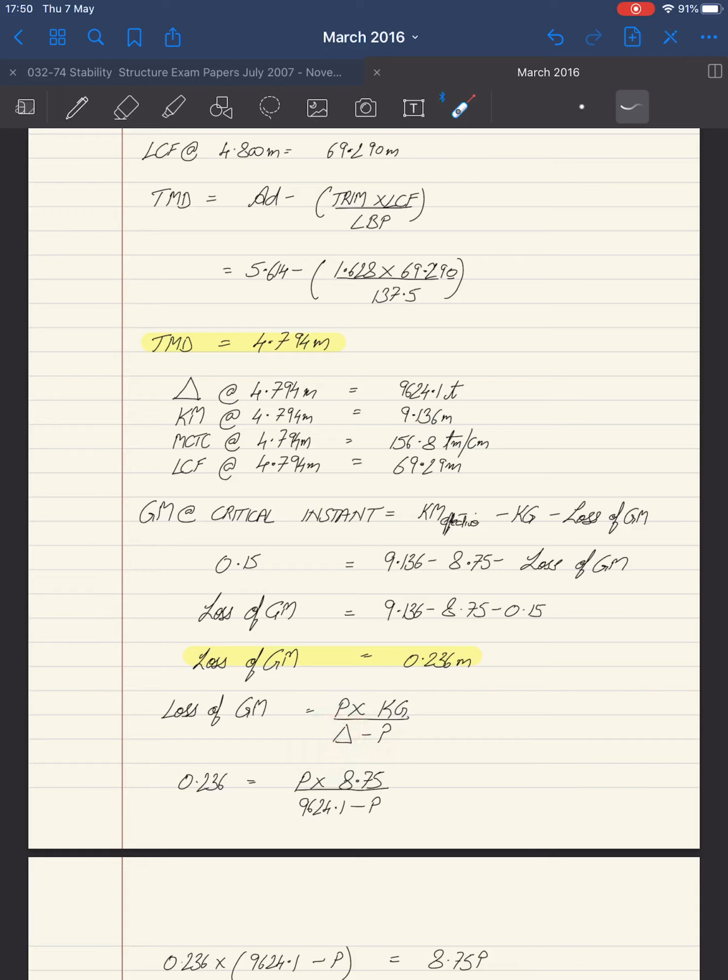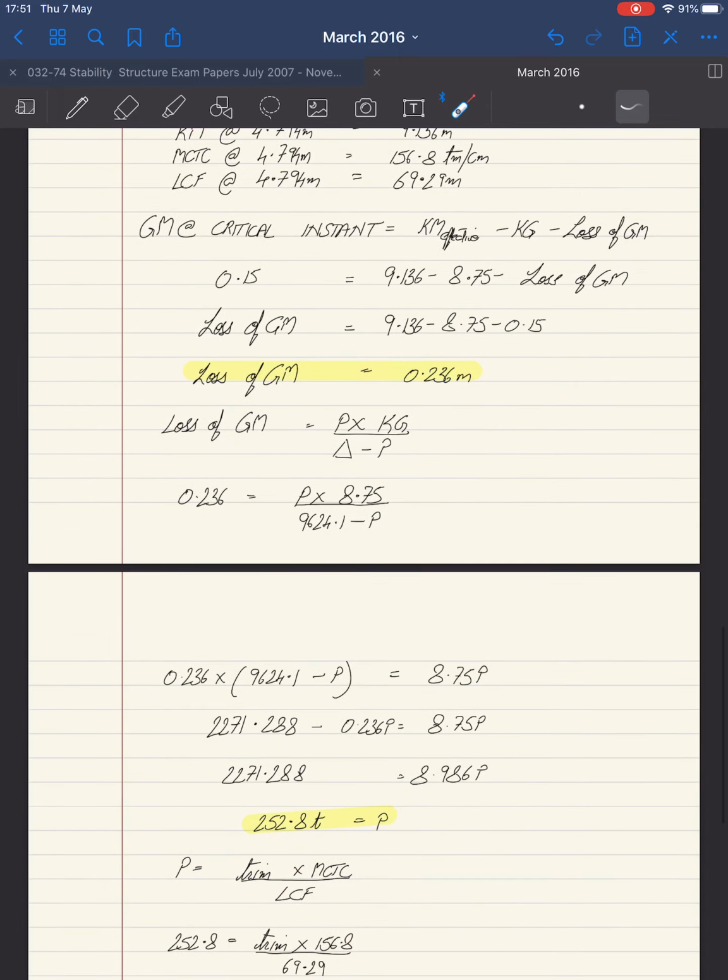When we put in the values, the loss of GM is equal to 0.236 meters, which has been obtained from this. P force is what we need to find out. The KG was given in the question as 8.75 meters. The displacement is 9624.1 tons, which we have obtained here. And P force is what we are supposed to find out.